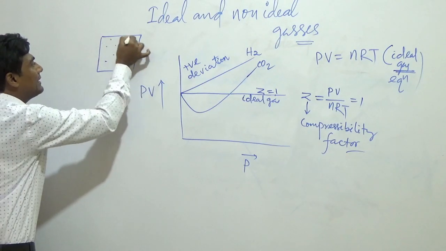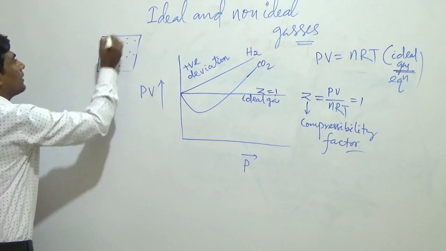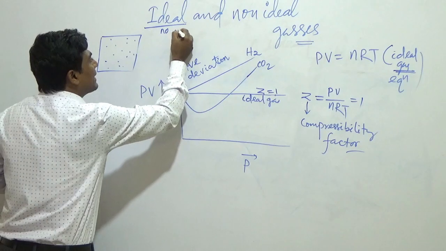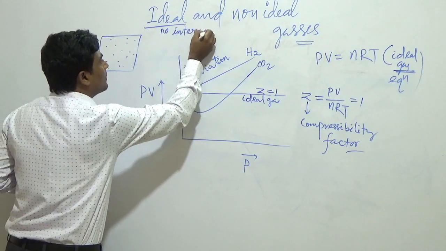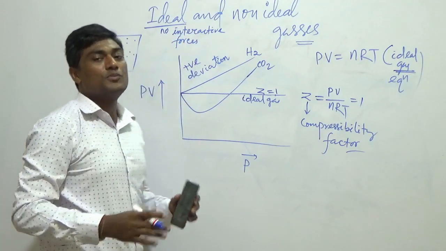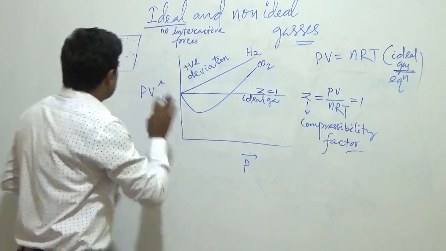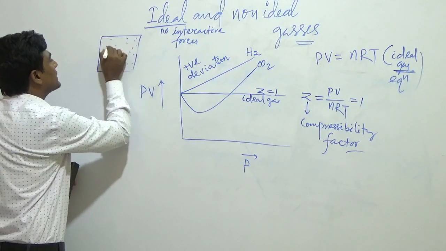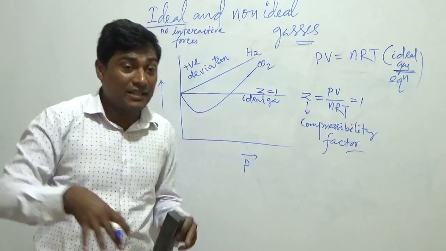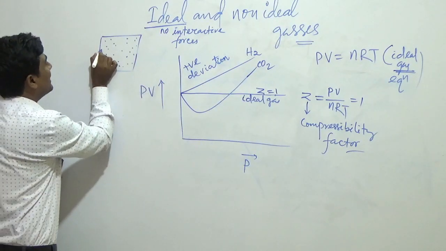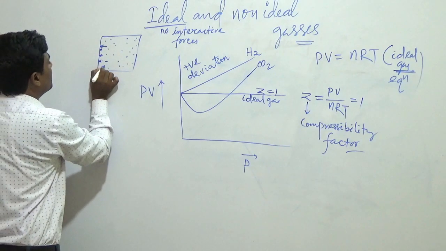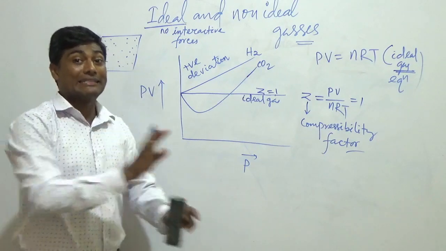In ideal gases there are no interactive forces. Interactive force means attractive or repulsive force. Since there are no interactive forces, the molecules inside the box should strike the wall with a normal force, with the general force with which they should strike.